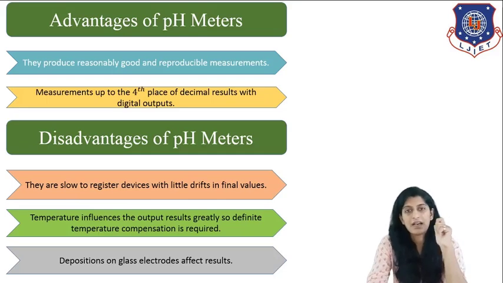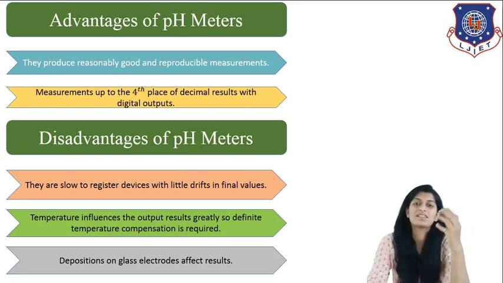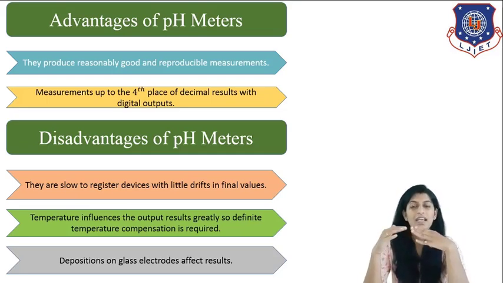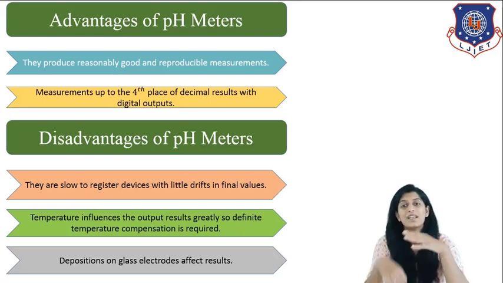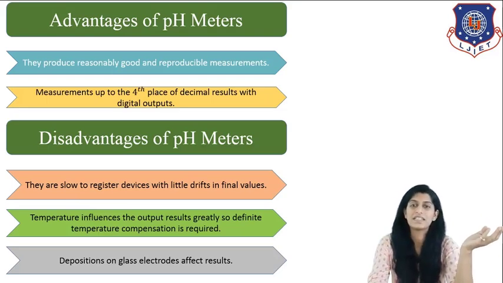Also, temperature influences the output result greatly, so we need to give some temperature compensation. If there is a change in temperature of any solution, the pH will change drastically in that particular solution, right?